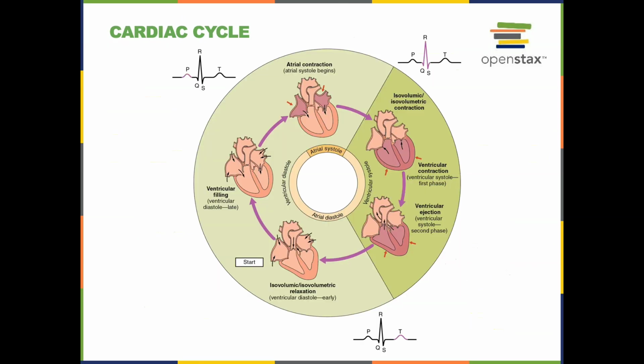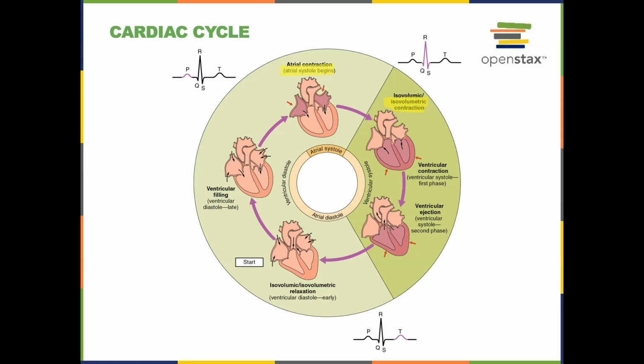The cardiac cycle begins with atrial systole, followed by isovolumetric contraction, which is the early phase of ventricular systole.